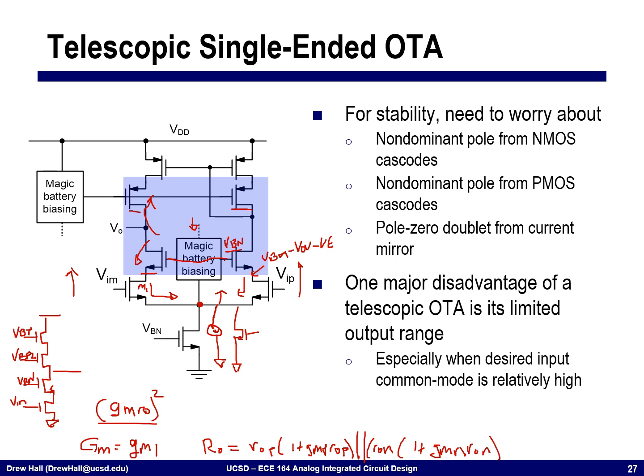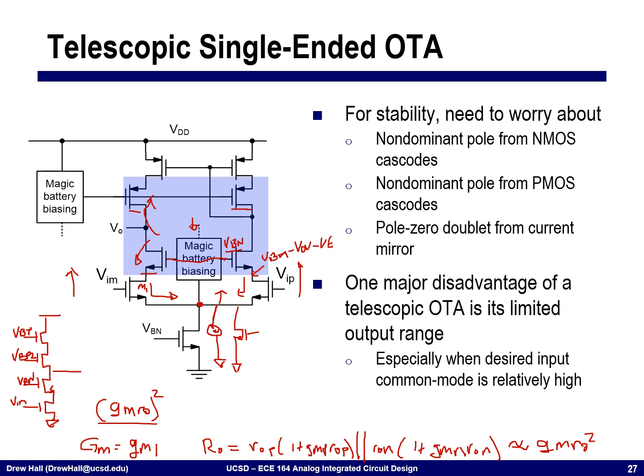Okay, and so this is where we would simplify this to say that this is approximately equal to GM R naught squared. Okay, and then when I multiply it by this other GM, I get GM squared RO squared.